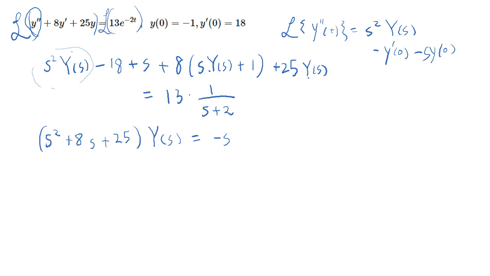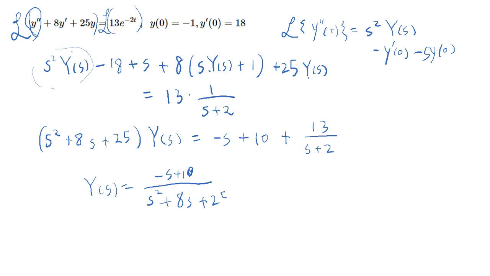And then plus 8 minus 18, that's negative 10, move to the other side, it's plus 10. And you still have 13 over s plus 2 on the right side. You want to solve this for Y of s, so you divide by s squared plus 8s plus 25 on the right side.